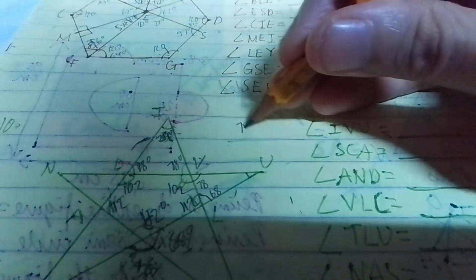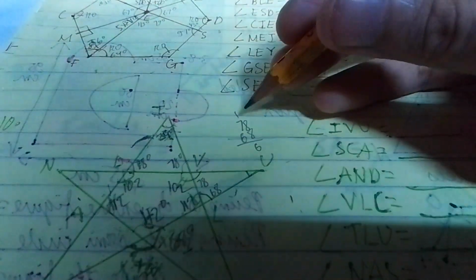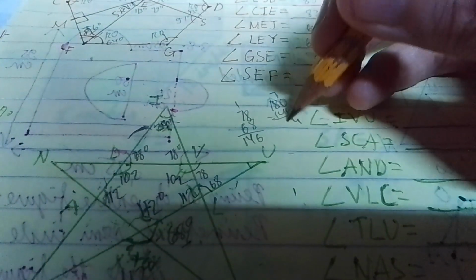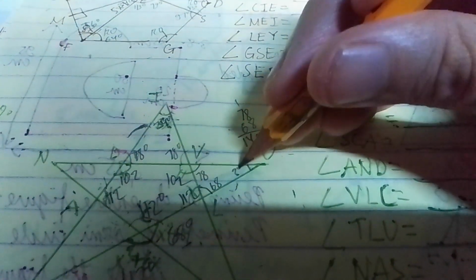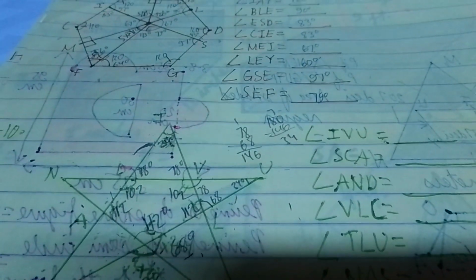So 78 plus 68 is 146. 180 minus 146 equals 34. So angle U must measure 34 degrees.